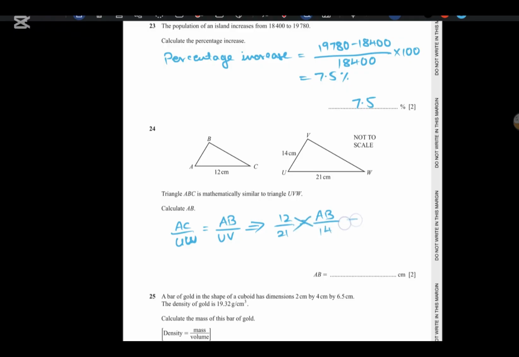Cross multiply, you get 21 into AB is equal to 12 into 14.